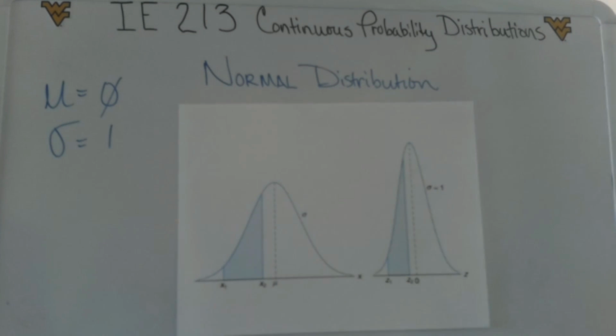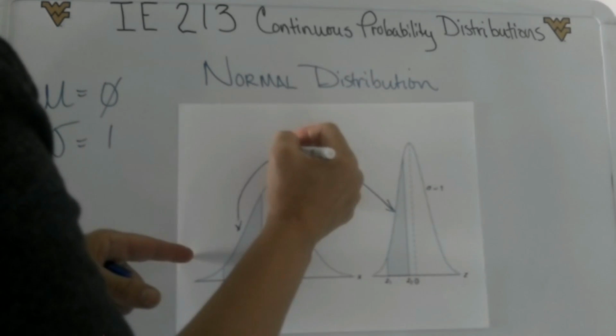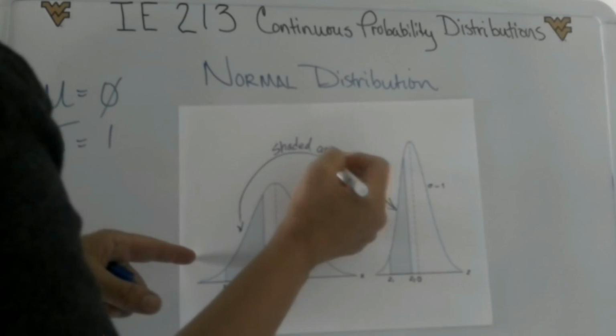Since all the values of x falling between x1 and x2 have corresponding z-values between z1 and z2, the area under the x-curve between the ordinates x1 and x2 equals the area under the z-curve between the transformed ordinates z1 and z2. So these two shaded areas are equal to each other.